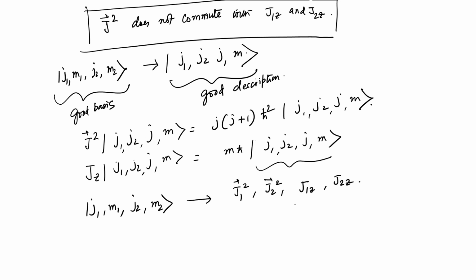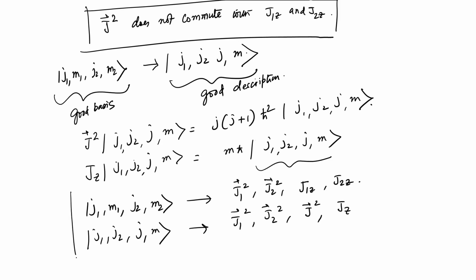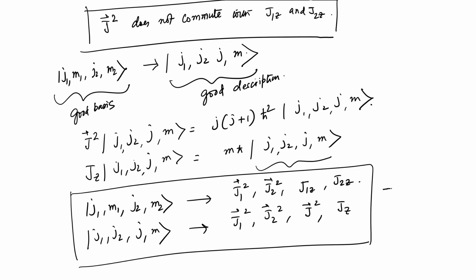These are the corresponding operators, and for J1 J2 J M, we have the operators J1 square, J2 square, total J square and total Jz. Okay. So, these are the operators and these are their eigenvalues, and both are good descriptions.